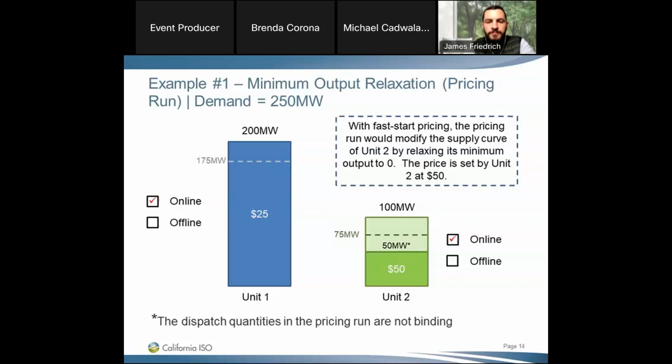And so it's not about a single interval as much as it's about saying, okay, if over time these peakers are running on a regular basis and the prices in the market don't reflect the cost of those resources, then you're sending a price signal over the longer term that doesn't really truly reflect the cost of meeting load, and it doesn't truly reflect an opportunity for another resource, perhaps a new technology like batteries or something else, to come in and allow the market to be more efficient over time.